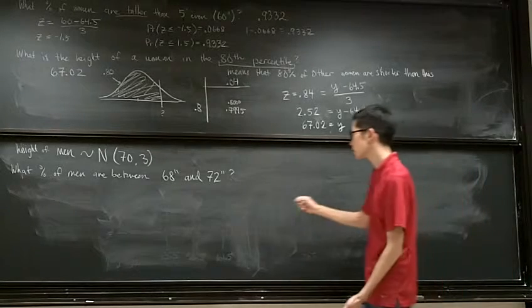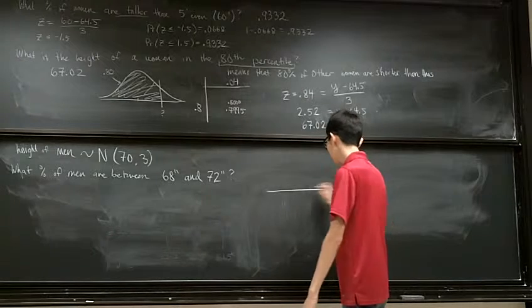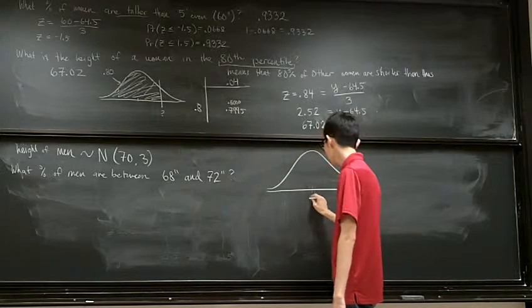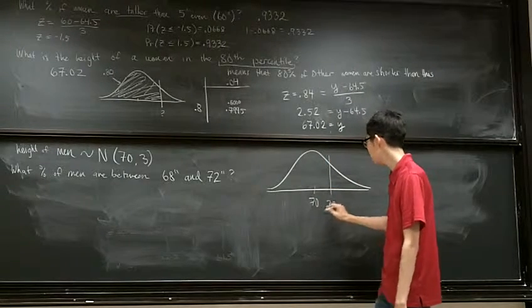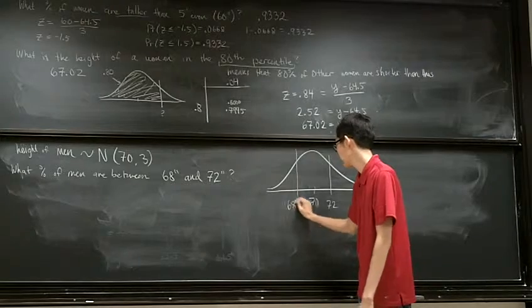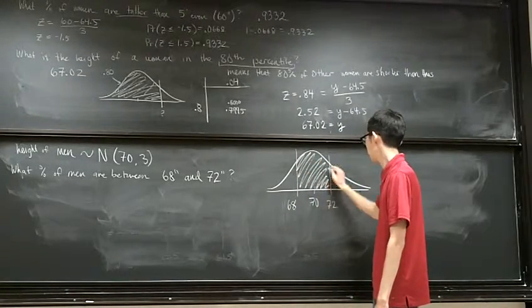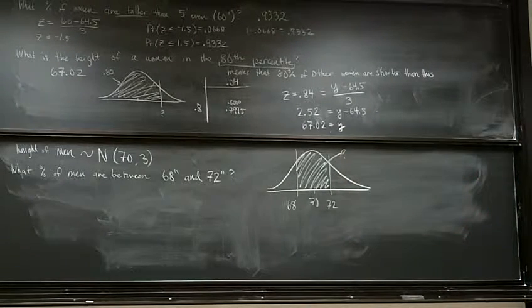Okay, so to do this, if we were to draw our picture, it looks like this. Mean of 70, I'm going to go out to 72 inches and down to 68 inches. And I want to know how much is in between there and there.